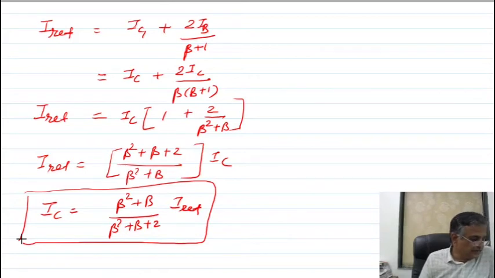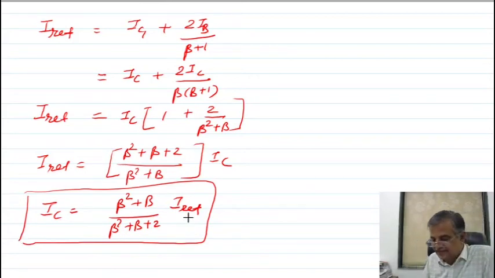You can see clearly IC is nearly equal to I reference. IC is very less dependent upon the beta, because here is beta square plus beta, and here is also beta square plus beta. So IC is very less dependent upon the beta. This equation says that.